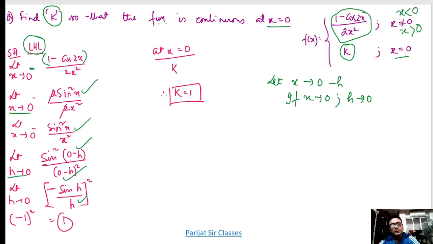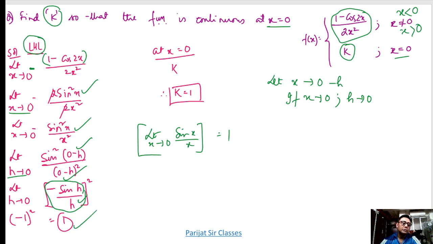Please remember one thing, the formula is limit x tends to 0 sine x by x, this is equal to 1. So putting this, so this is 1, this becomes 1, so 1 square is 1. So at limit h tends to 0 we are getting 1.